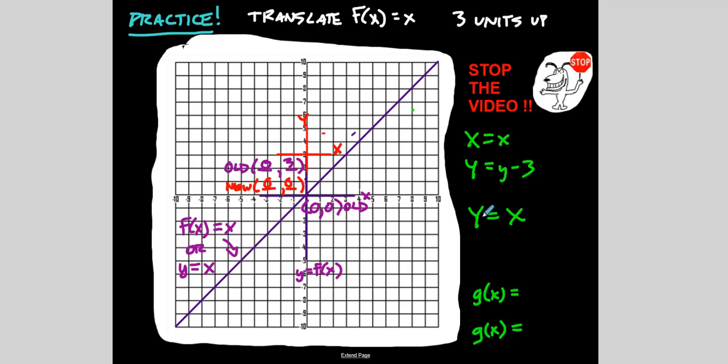Now substitute in for big Y, little y minus 3, and then substitute in little x for x. Then rearrange, add 3 to both sides, you get y equals x plus 3. Okay, let's draw that line in. There's a slope of 1.